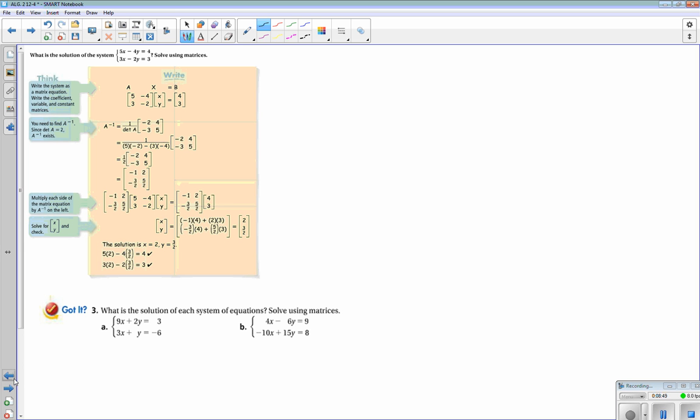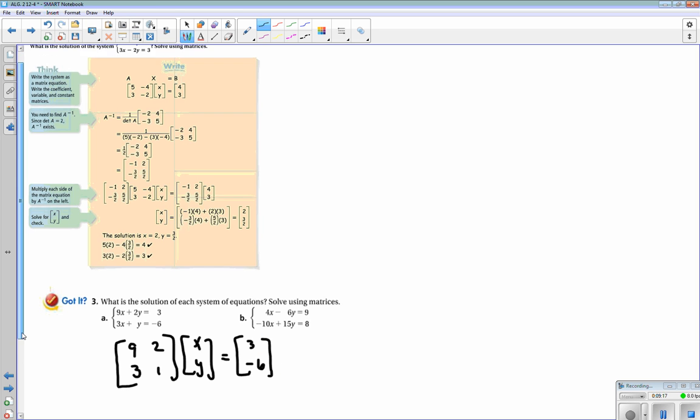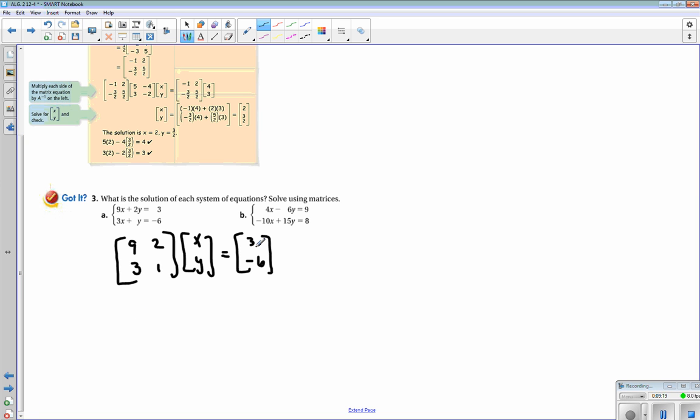So let's do one more of these, but with an X and Y instead of a 3. If I were to make this into a matrix, we'd go 9 and 3, 2 and 1, multiplied by the X and the Y, equals our answers. Essentially, I'm going to combine all of this into one step.